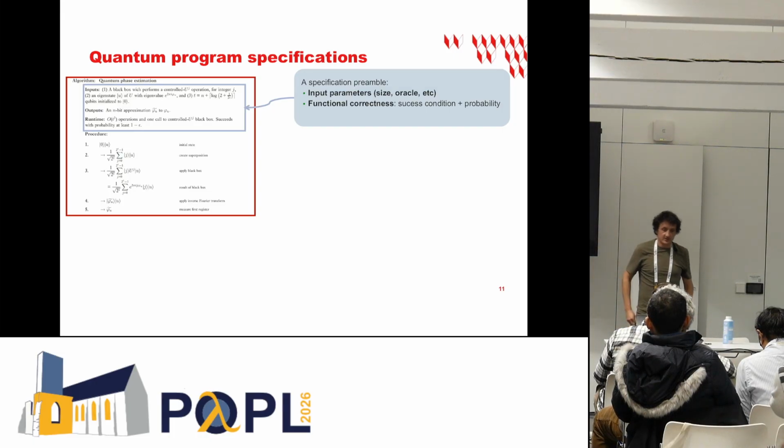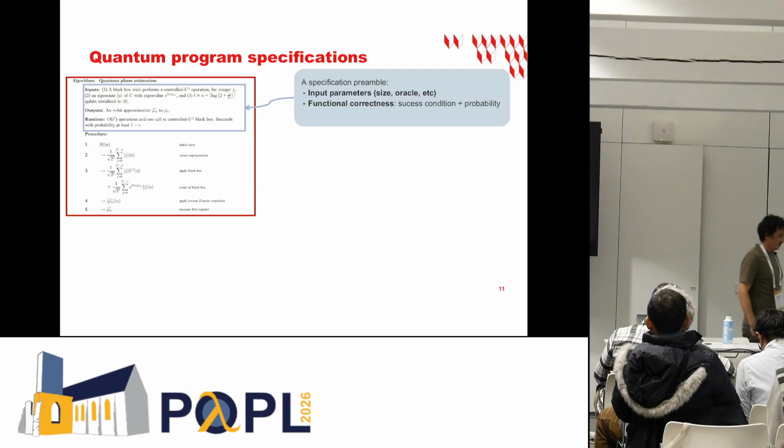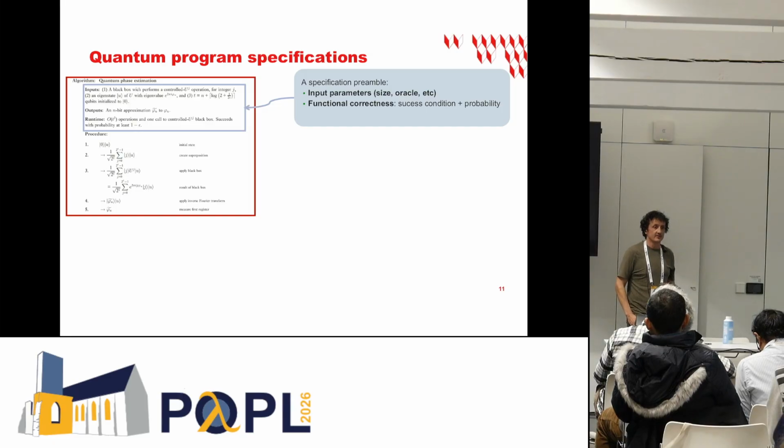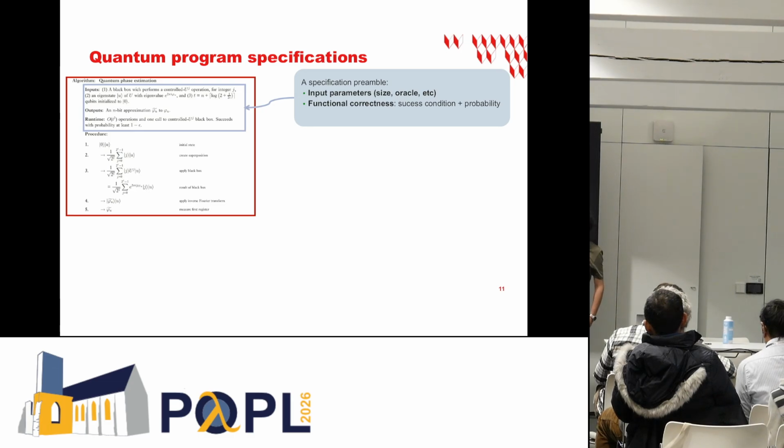Let's come back to the very beginning, to the algorithm that we think about implementing. So here is a screenshot of the phase estimation algorithm taken from the Nielsen-Chuang manual. First thing that I observed is that the procedure includes a big, or quite big, preamble of specifications.